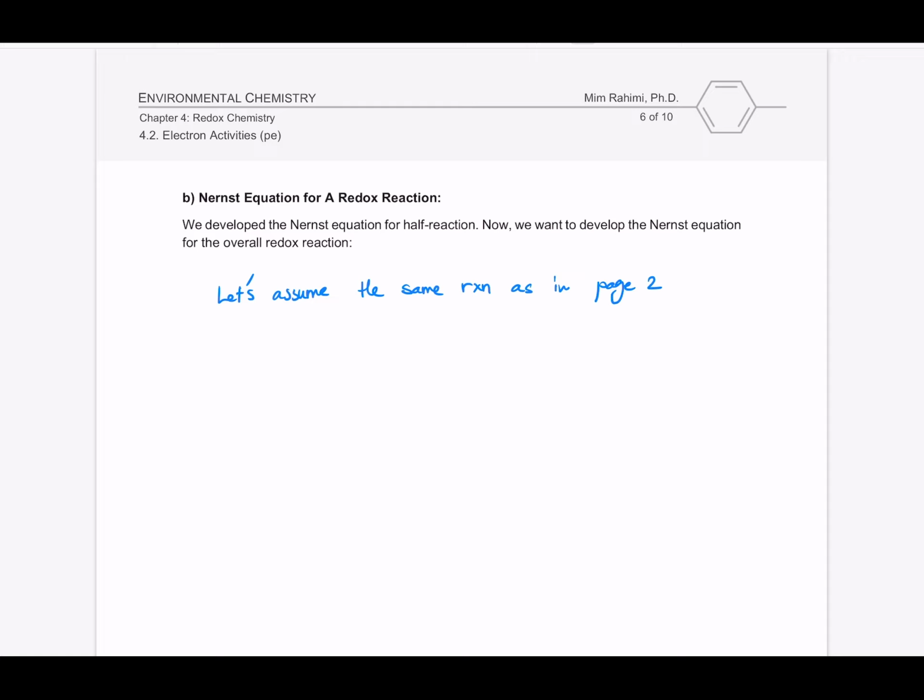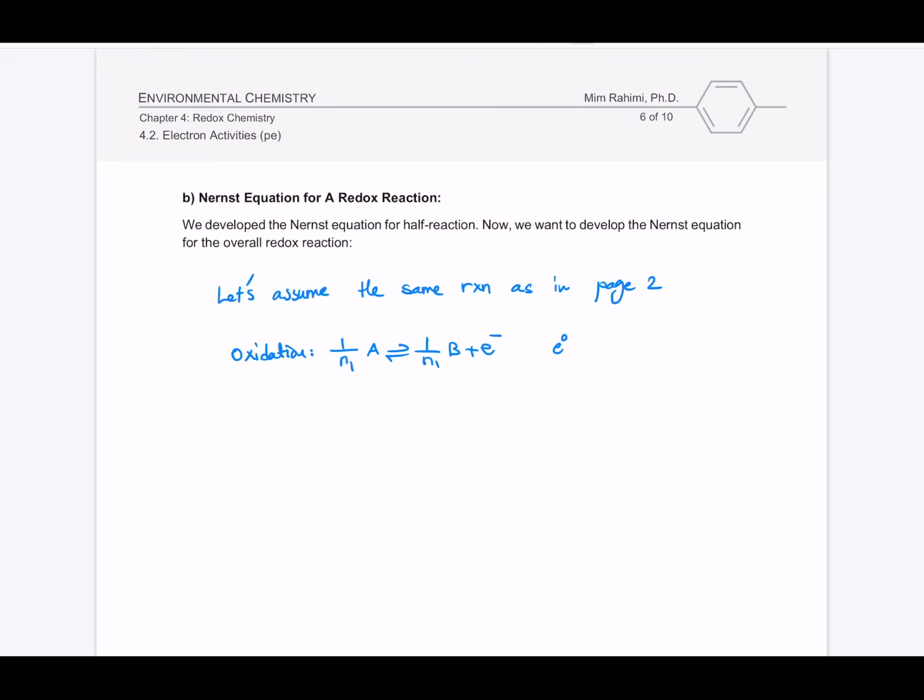So that A, B, C, D with 1 over N, 1 over. So this reaction was in terms of the oxidation. This was 1 over N1A forming 1 over N1B plus electron.